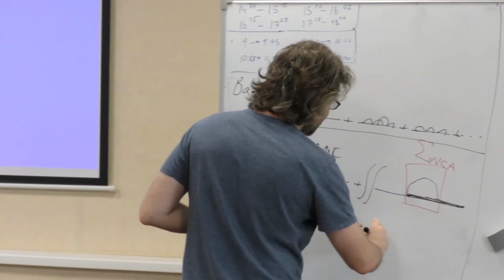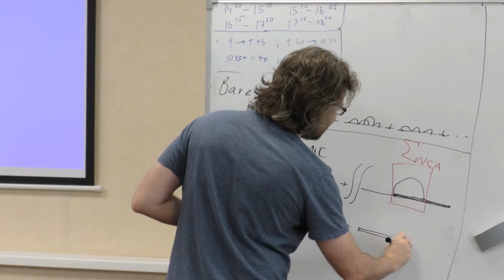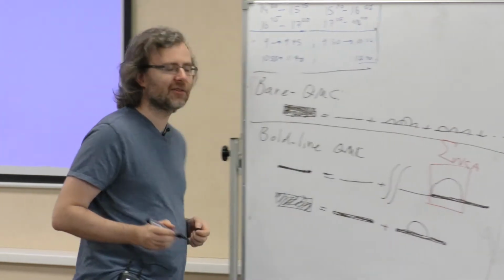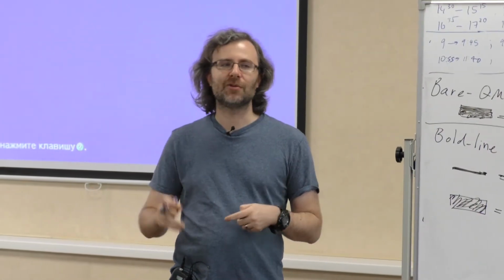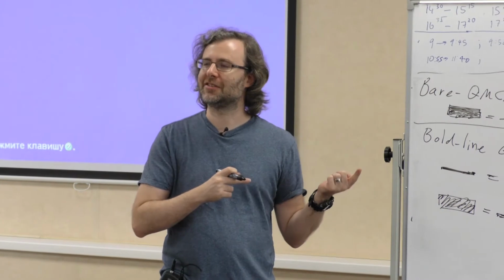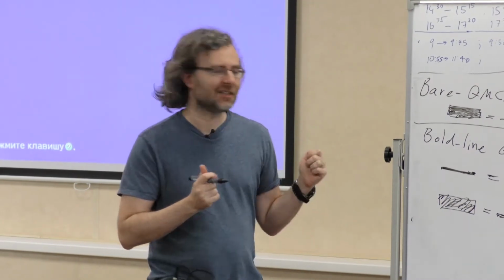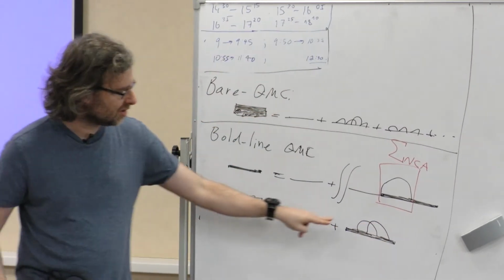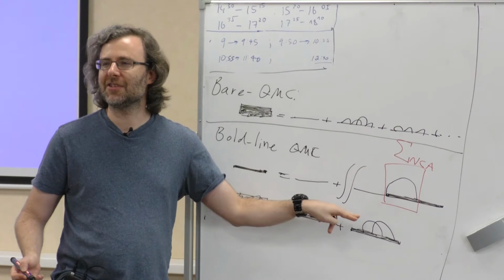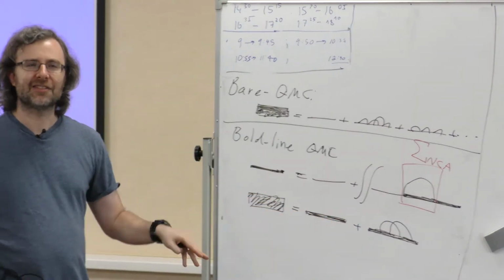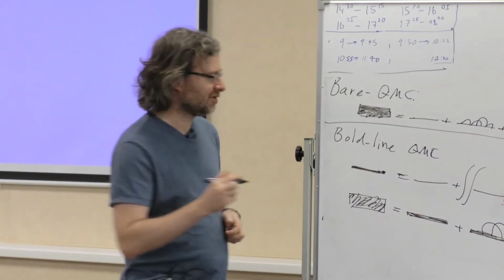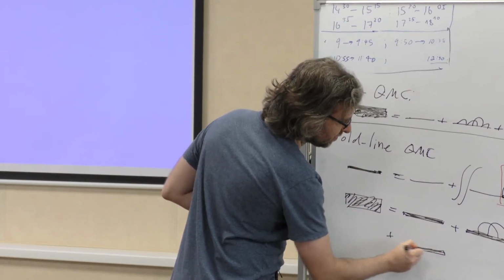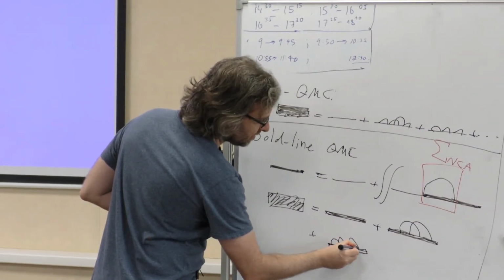And then, in order to avoid double counting, what do I mean by that? If I sum up a diagram like this, then I'm going to be counting some non-crossing diagrams twice. So it turns out that you have to sum up all diagrams where every inclusion, an inclusion is a set of hybridization lines that cross each other, has at least one crossing. So you have to sum up diagrams like this, and diagrams like this.